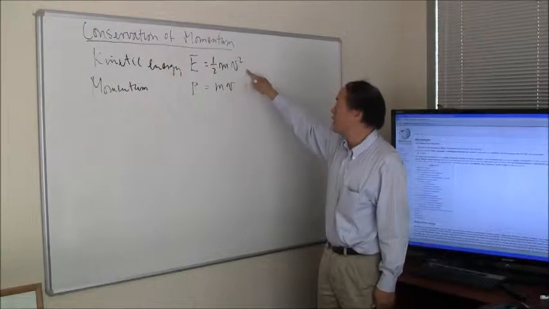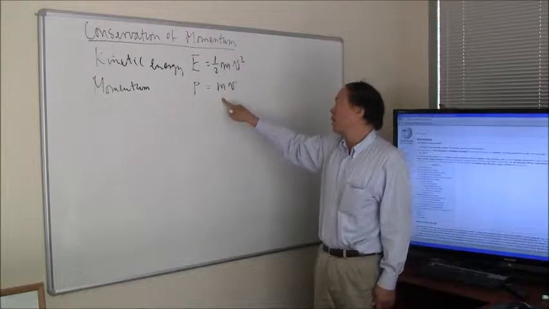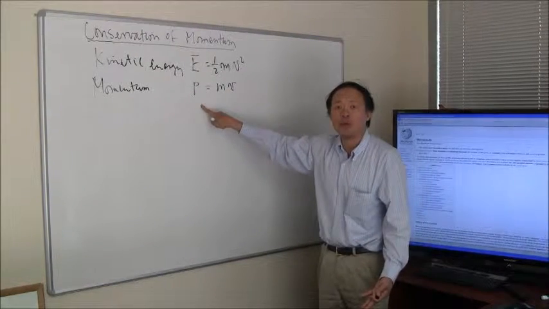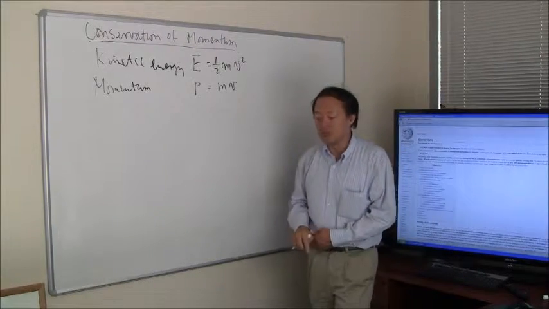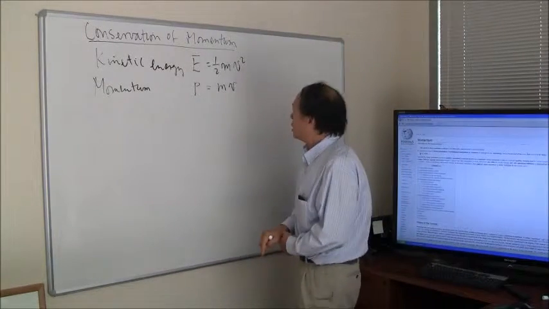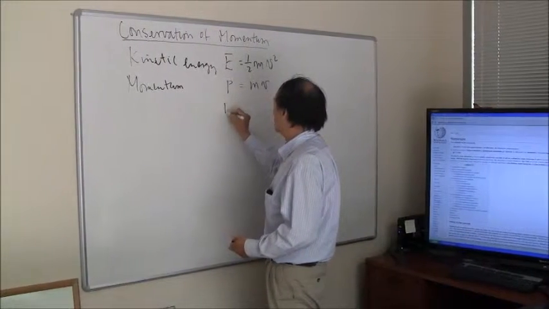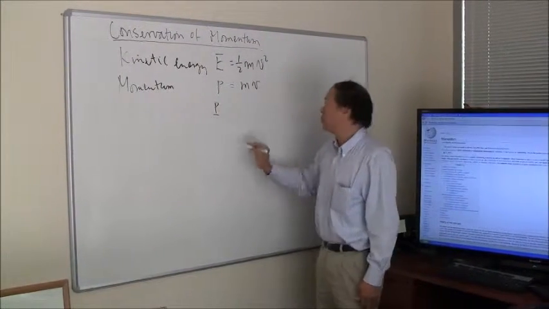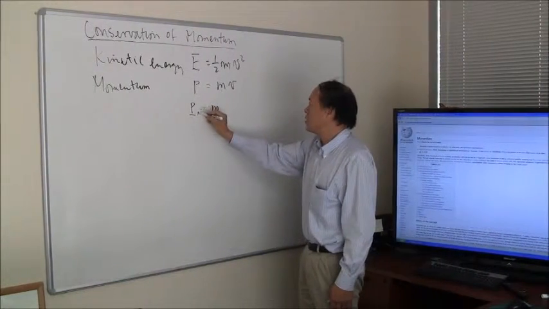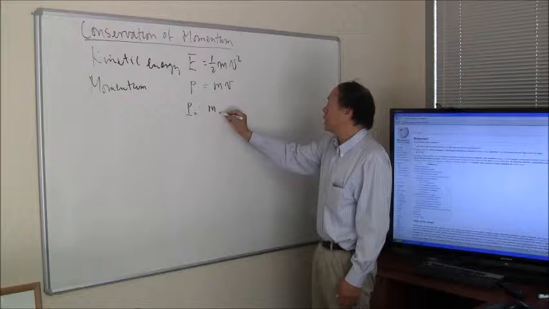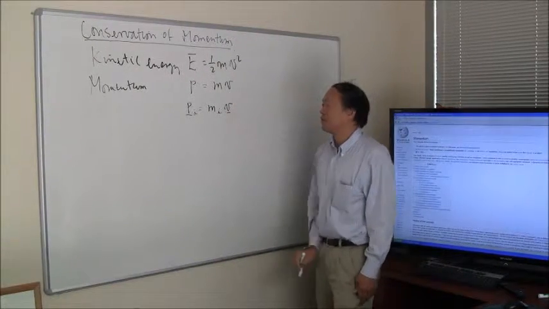Slightly different from energy, momentum is a part of the mass. The heavier the mass, the more momentum we have, and also the higher the velocity, the higher the momentum. Now, momentum is very often referred to in vector form. For a particle i, it is the mass m_i times the velocity in vector form.